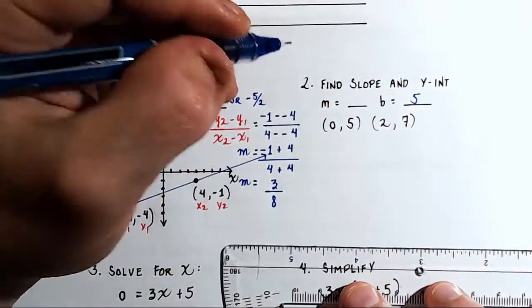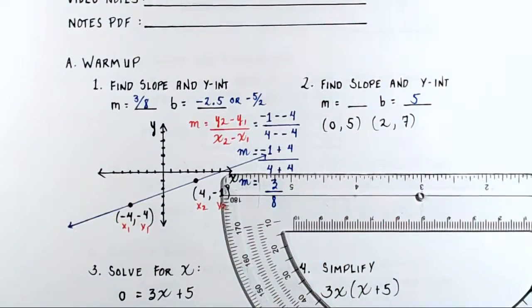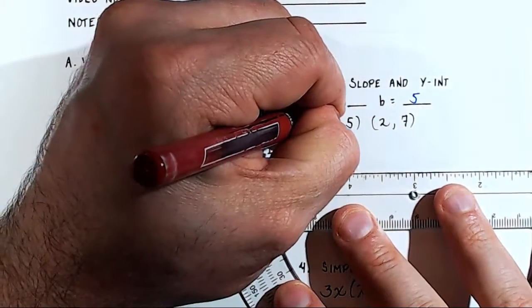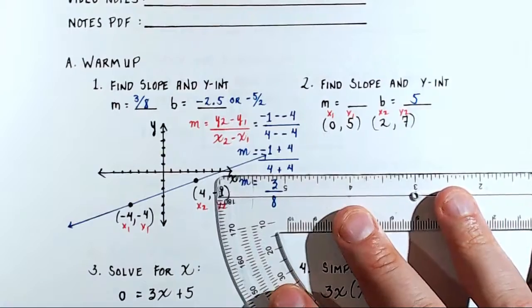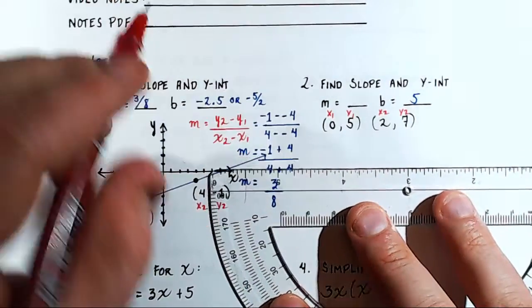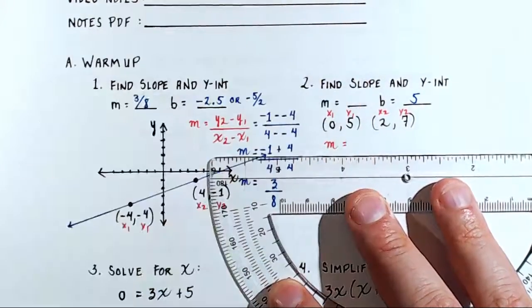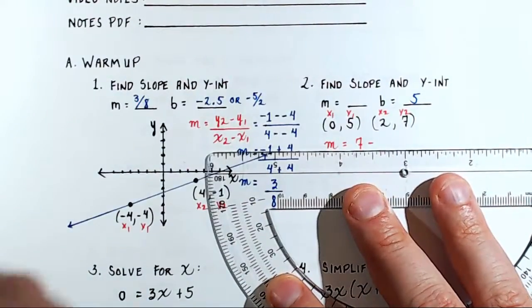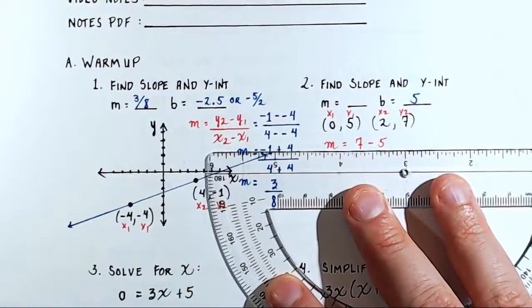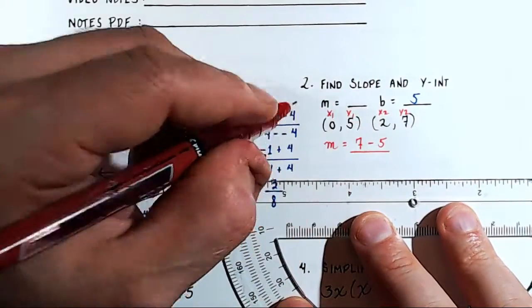And now we just need to apply the slope formula in order to calculate the slope. So let's label these points x1, y1, x2, y2. All right, and now we'll plug these into our slope formula, which we've got written here. So m equals 7 minus 5, y2 minus y1, over x2 minus x1, 2 minus 0.